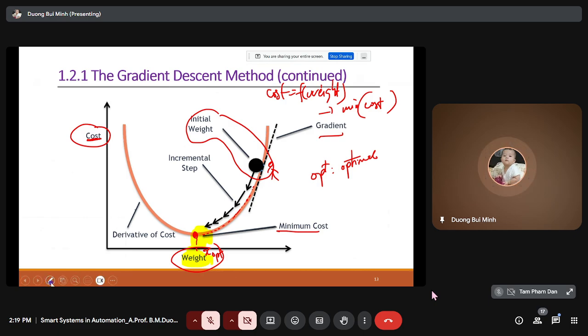Or if you don't want to choose this initial point, you can choose here, the same, and then you try the gradient. You get this one, right?